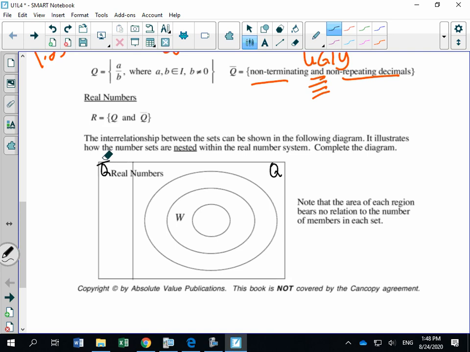So I've just divided all of the numbers that fit in this box in our world in grade 10, 11, and 12. And they're either going to be irrational or rational, right? The reason why I put rational over here is because I know that the wholes and the integers are going to go here. So let's do our irrational numbers first.